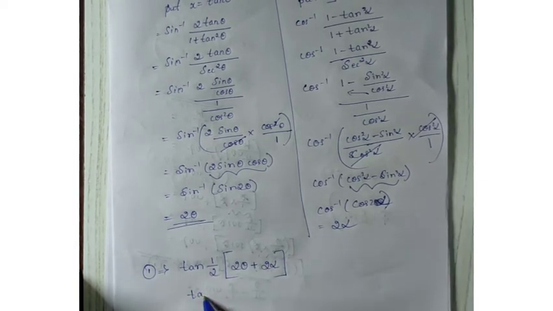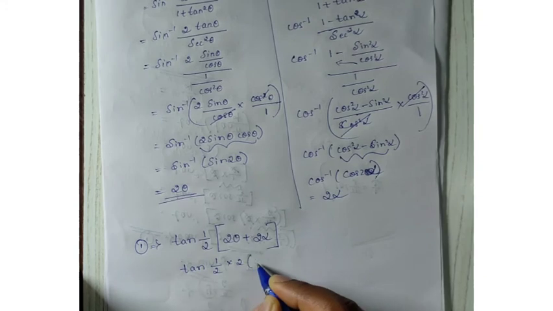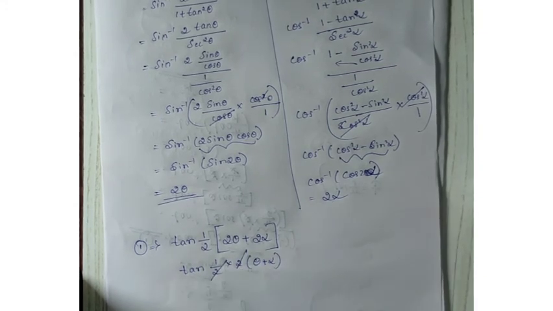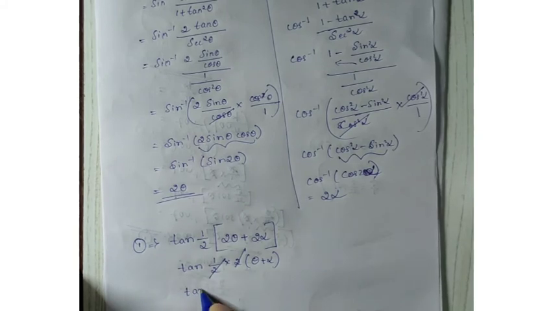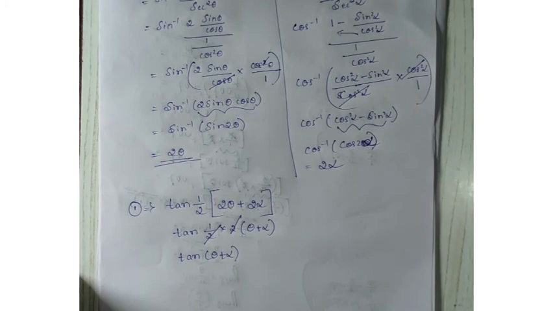So here tan 1 by 2, you take 2 outside, that is theta plus alpha. Therefore this 2 and this 2 get cancelled. Therefore tan theta plus alpha. So what is tan x plus y? That is nothing but tan x plus tan y divided by 1 minus tan x into tan y, right?